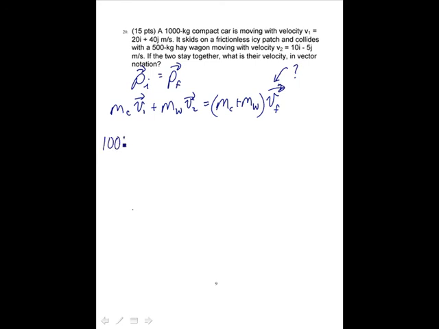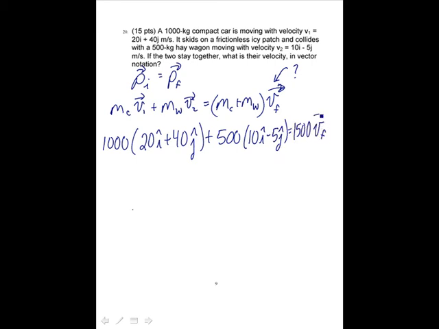We have 1,000 times v1, which is 20i plus 40j, plus 500 times v2, which is 10i minus 5j, and that's equal to 1,500 times Vf. I want to keep all my i's and j's separate.